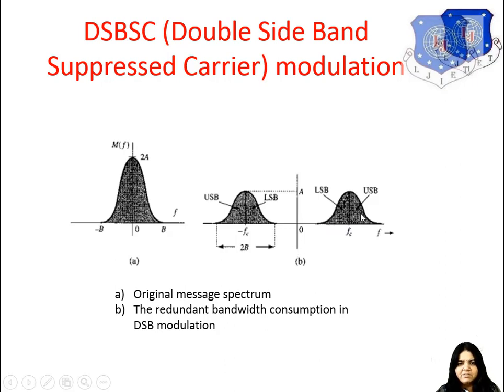This is the double sideband spectrum. Here are fc and minus fc, the frequencies, 2B is the bandwidth, and the USB and LSB are there. So in the double sideband suppressed carrier, there is no carrier, only the two sidebands that we observe.